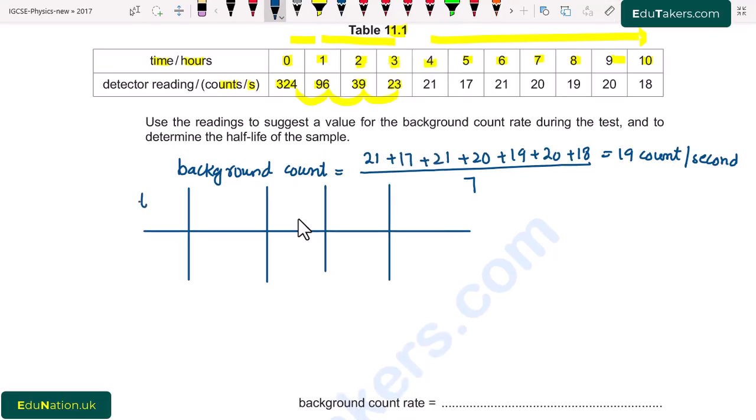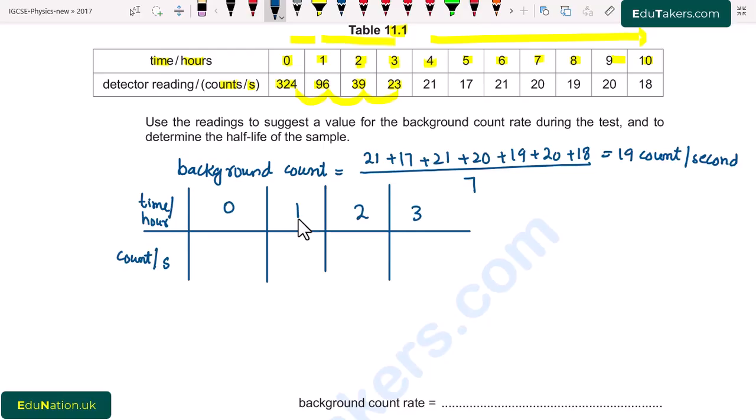There will be time in hours and here is count rate or count per second. So first of all, I write here time 0, 1, 2 and 3.